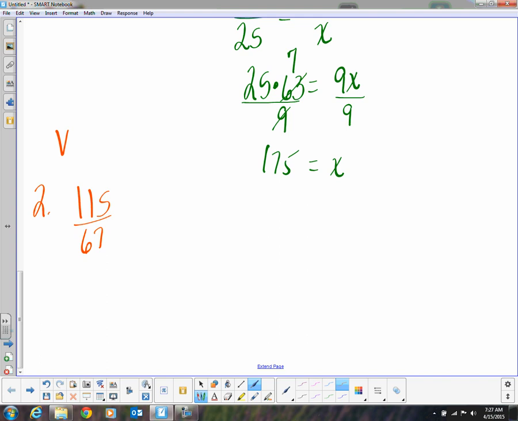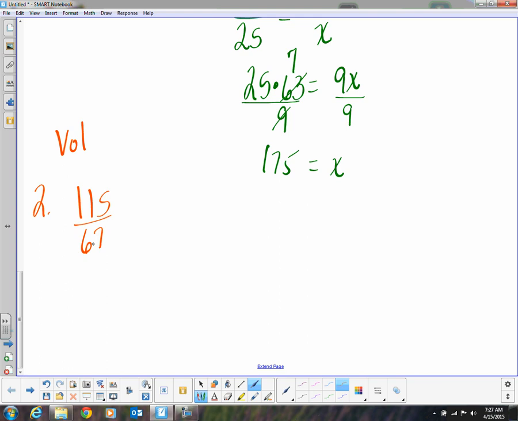Okay, this is volume. So the question is, does this reduce? I don't know. No? What are the factors of 67? It is prime, isn't it?